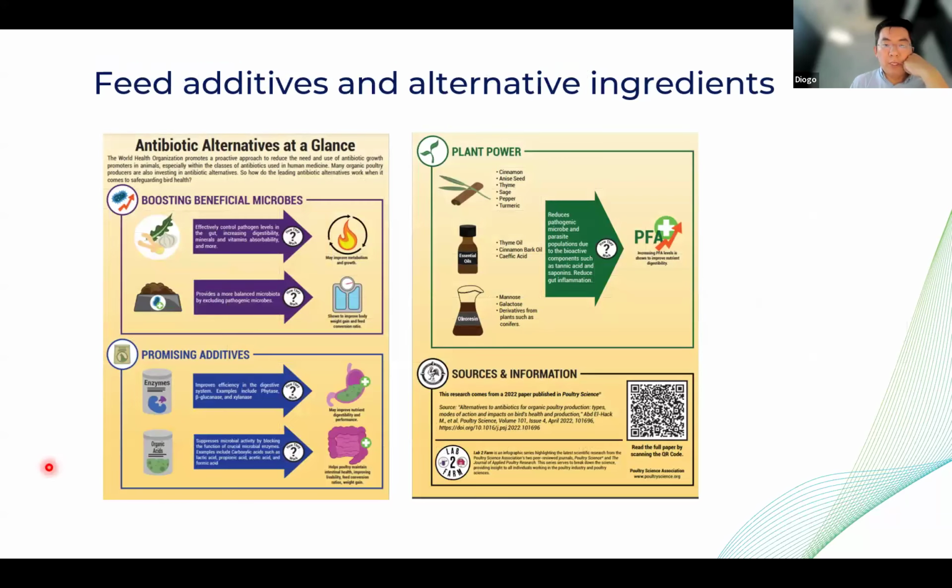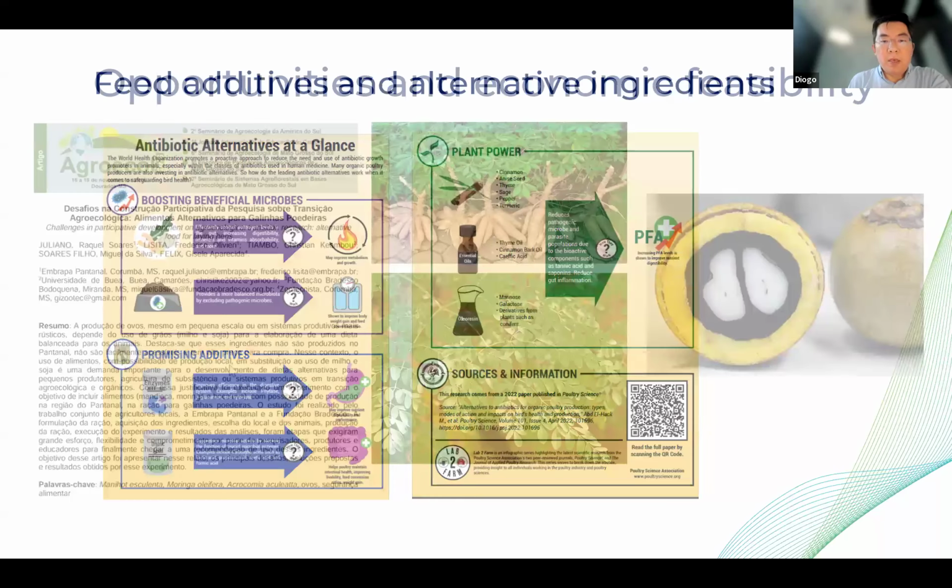Not only are we looking for alternative ingredients, the same case is happening with feed additives. So we are changing from the traditional chemical feed additives to more natural feed additives in the feeds.